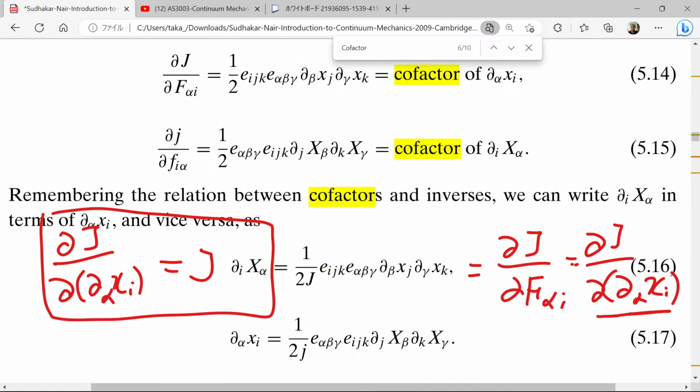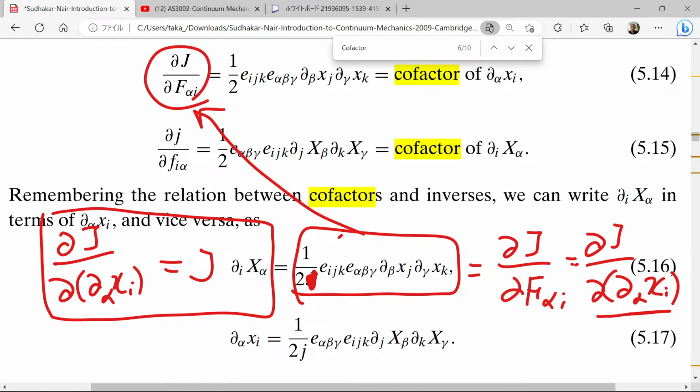Is this clear? Because see here, this one without a J, this thing is this thing. Yeah, I think this is clear.